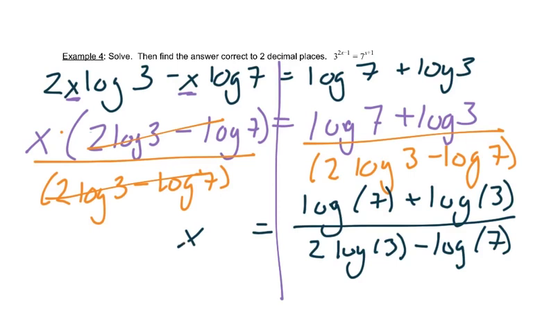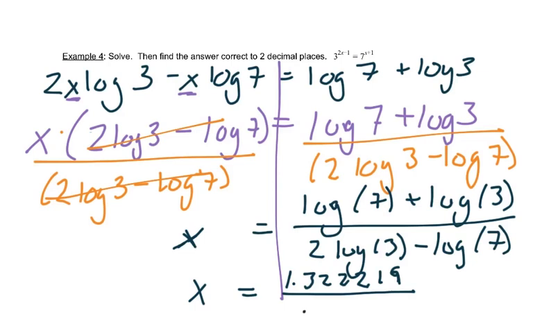Okay, now let's just do the top part in our calculator first. If we do the top part in our calculator, we have log of 7 plus log of 3. Make sure you close your parentheses after each number. And that gives us 1.3222219. We want to write down several numbers because we're in the middle of a problem. On the bottom, we do 2 log of 3, close your parentheses, minus log of 7, close your parentheses.